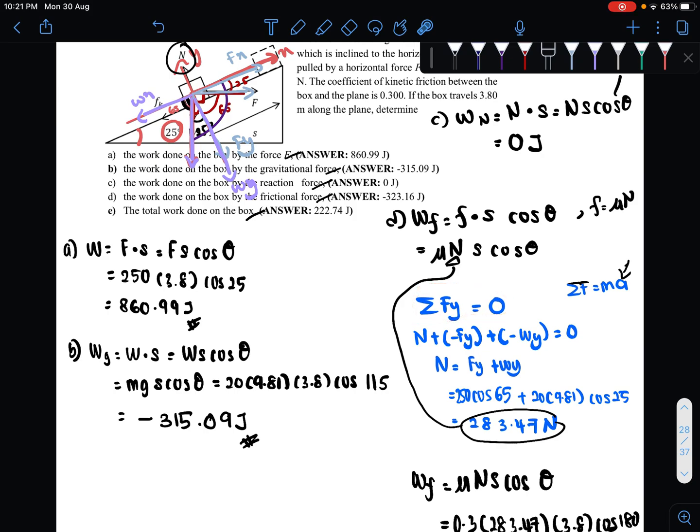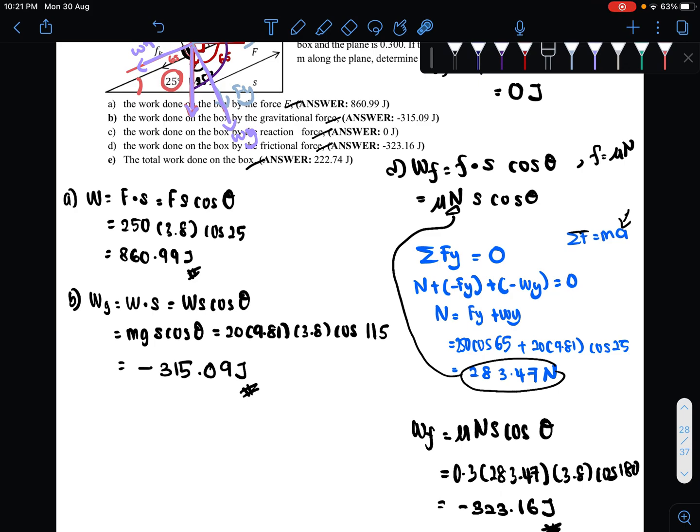Since normal is along y saja, so kita solve yang y-axis je lah. Summation Fy sama dengan kosong because the object is not moving along y-axis. Okay, dia tidak bergerak along y. So kamu pun masukkanlah semua forces yang you have along y, and then you find your normal here. Then you can substitute into this equation to get the work done by the frictional force.